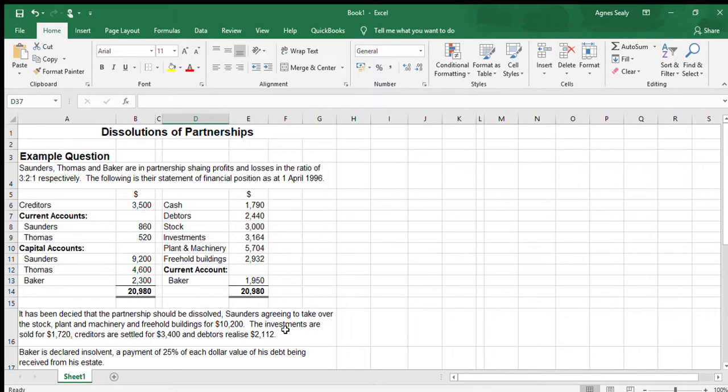Now, sometimes we have a situation where we have what we call an insolvent partner. An insolvent partner means that this partner is practically bankrupt and cannot pay the debt that he owes the partnership, or can only pay some of the debt. There is a ruling from a court case on how you deal with insolvency of partners.